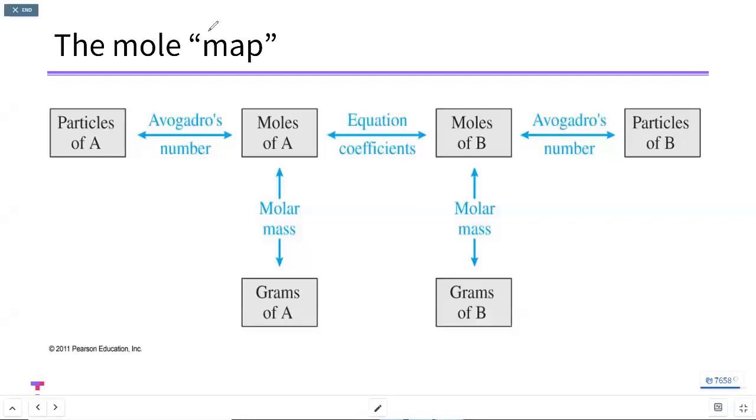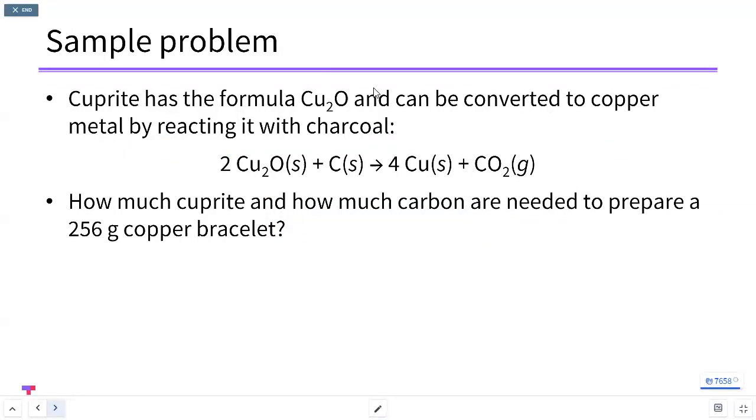So let's take a look at an example problem. Here we have cuprite, Cu2O, copper 1 oxide. We can convert cuprite into copper by reacting it with charcoal, carbon. The balanced chemical equation is given to us. What we want to know is how much cuprite and how much carbon are needed to make a 256-gram copper bracelet.